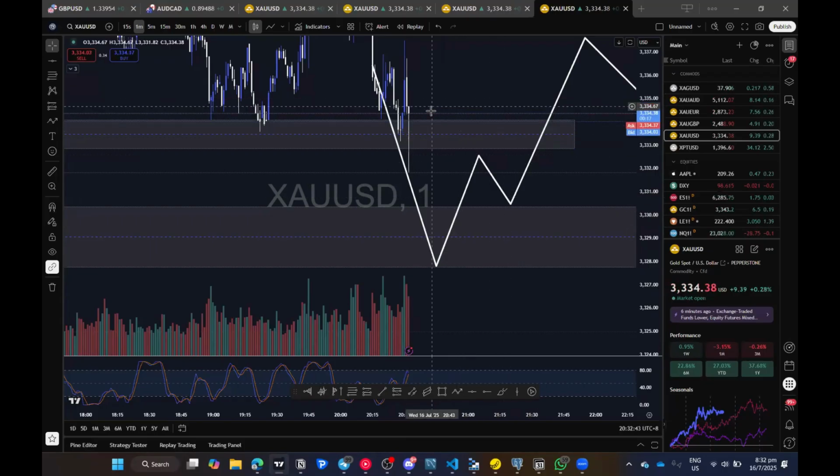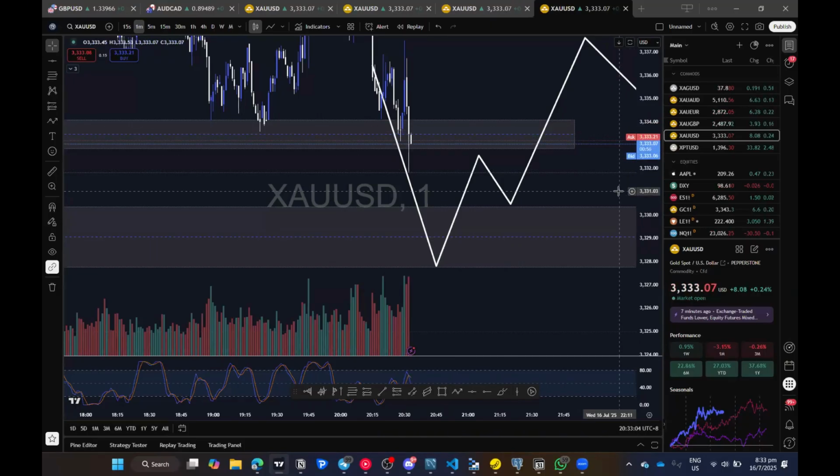You can see the spreads widening, so it's best not to trade during this volatile time. Make sure that when you're trading, your spreads are thin, okay? Your bid and ask are thin, like this. So you can see that it's hovering up and down about 1 pip, 10 pips. All right, cool. So that's all I have for you guys.